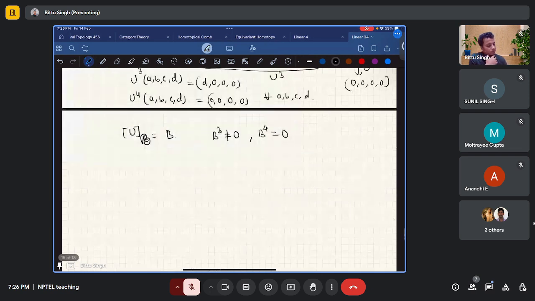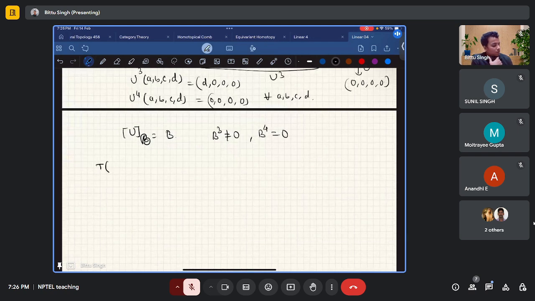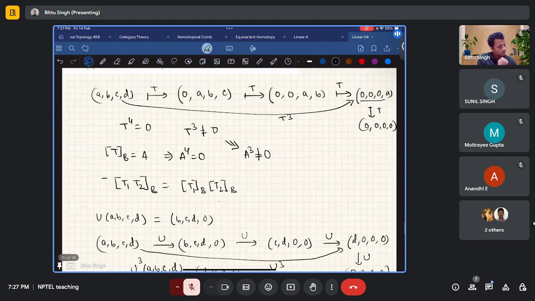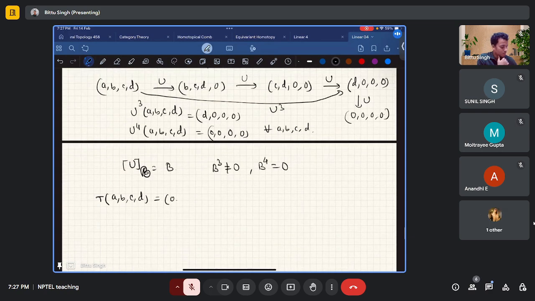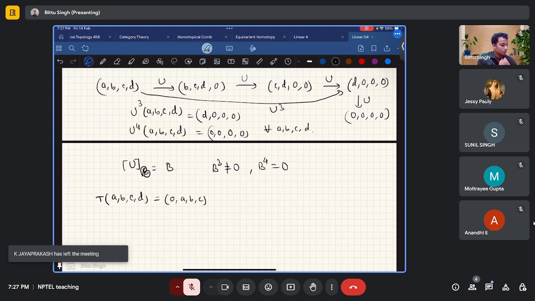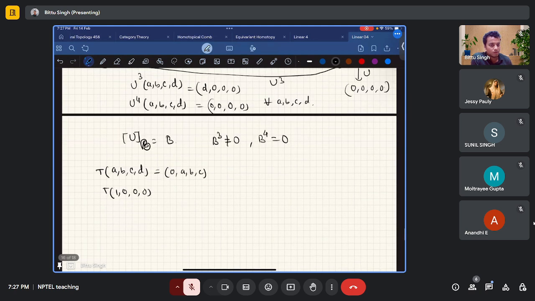So again, write T of (A, B, C, D). By definition this is a right shift, (0, A, B, C). So if we apply T on the basis element E1 = (1, 0, 0, 0), it will give us (0, 1, 0, 0), which is E2.